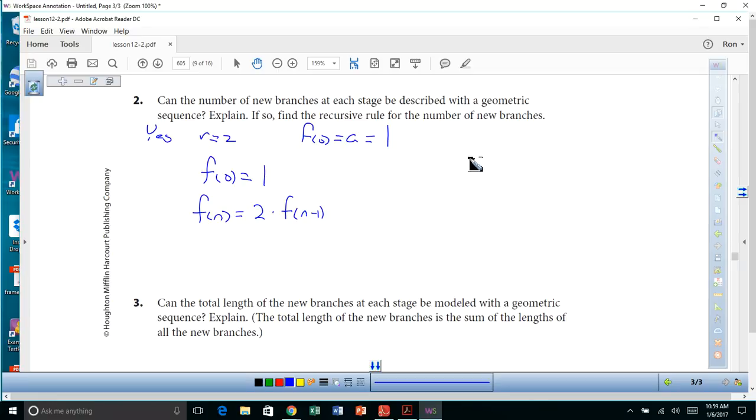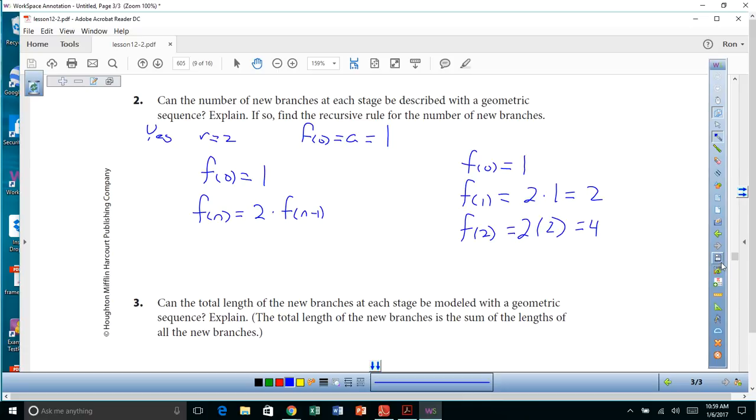Let's see, f of 0 equals 1, and then f of 1 would equal 2 times f of n minus 1, which would be that one there. So that's going to be 1, so that gives you 2. And then f of 2 would be 2 times 2, which is 4.